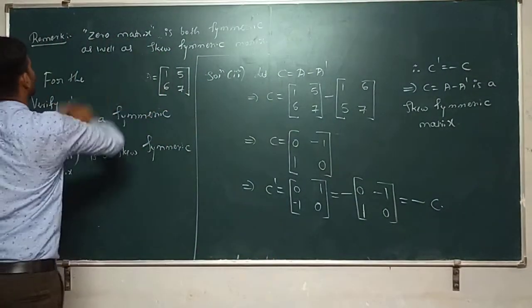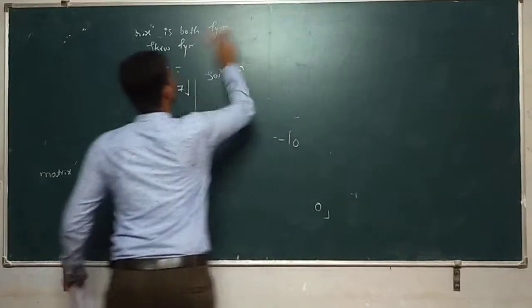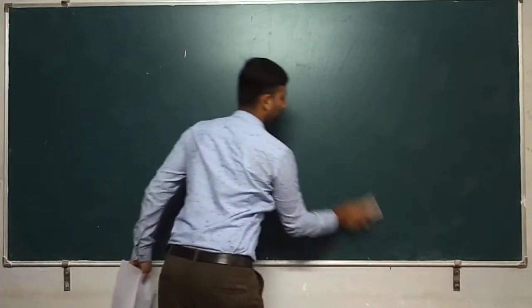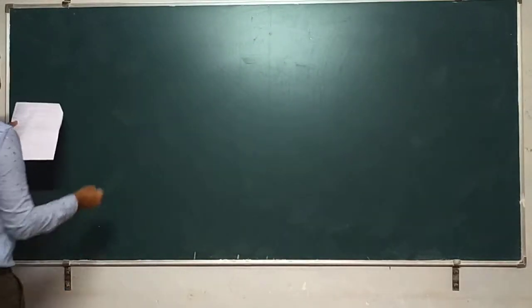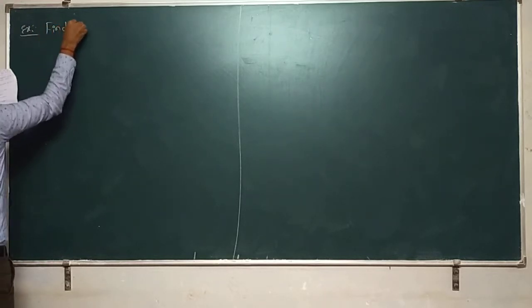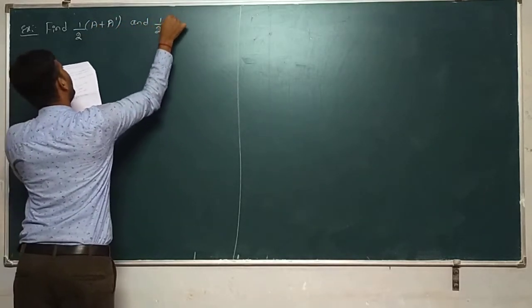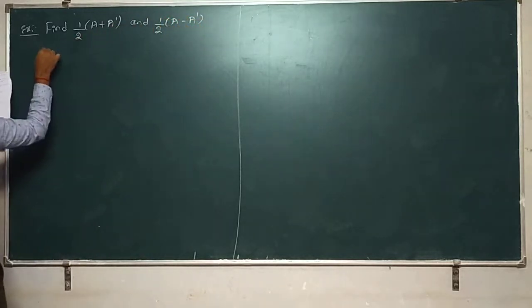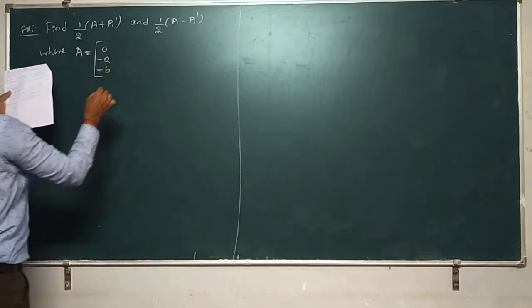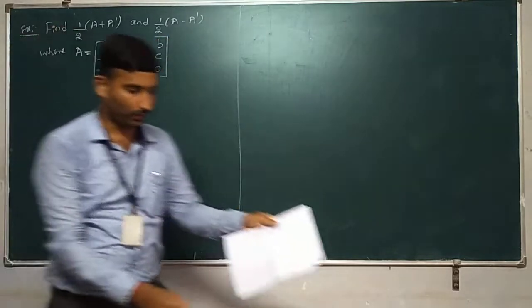After that, I will take one problem. Example: find half into A plus A dash and half into A minus A dash, where A is equal to 0 minus a minus b, a 0 minus c, b c 0.